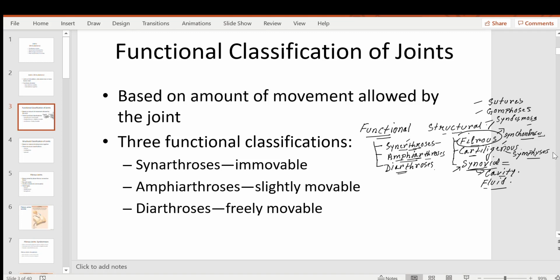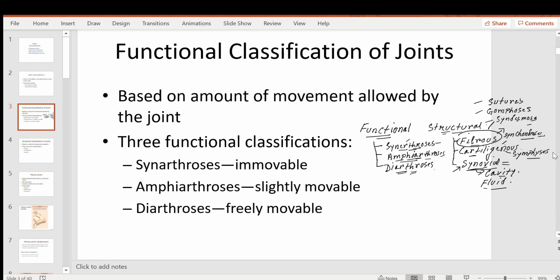Amphiarthrosis, small amount of movement, as I mentioned, the ribs articulate with the sternum, and when you breathe the ribs move, a small amount of movement. Diarthrosis, plenty of movement: shoulder joint, hip joint, knee joint, elbow joint, all those are diarthrosis.